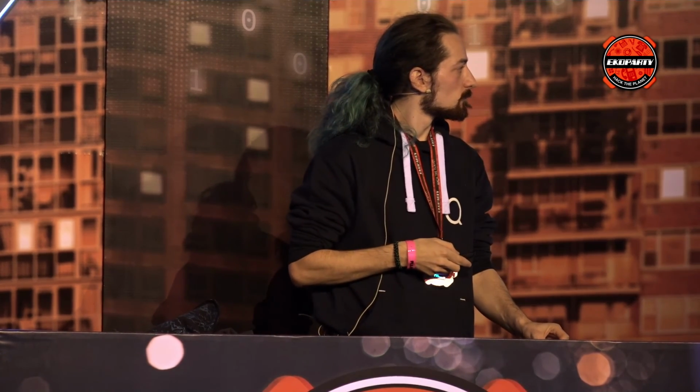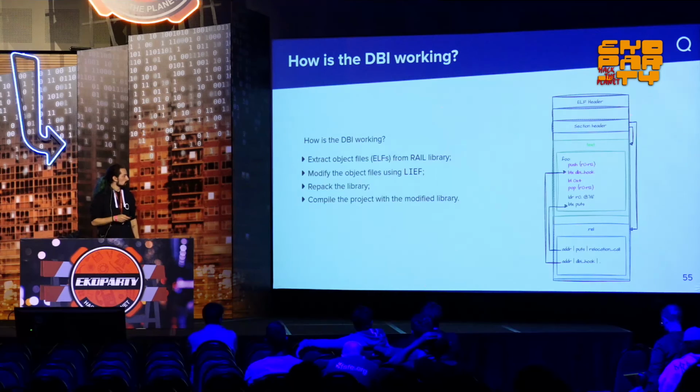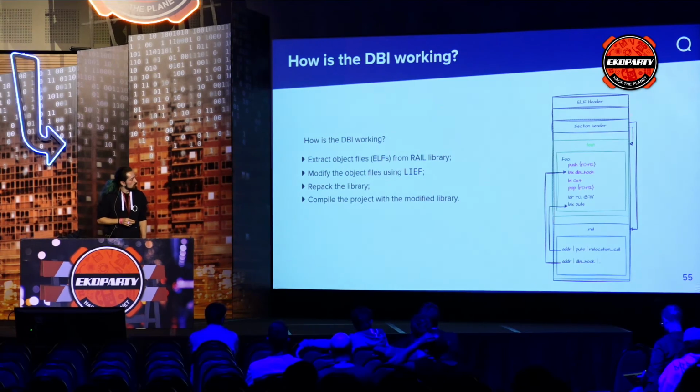Hello. Yes, a question about the last part where you hook a function. You overwrite the start of the function with your instructions. Did you try to just override the pointer in the PLT-like section? Because when the symbol is not resolved, you have a section that has a pointer to the function, right?